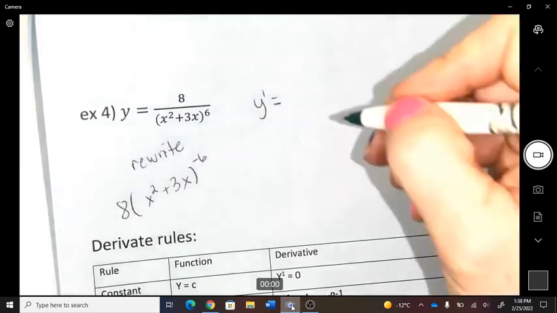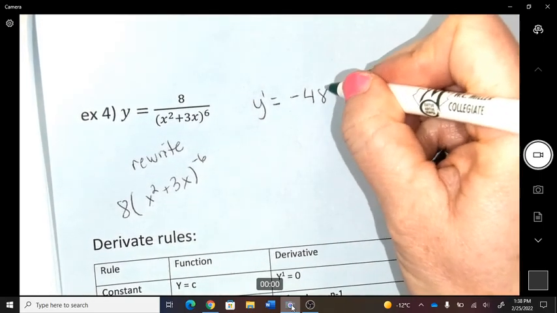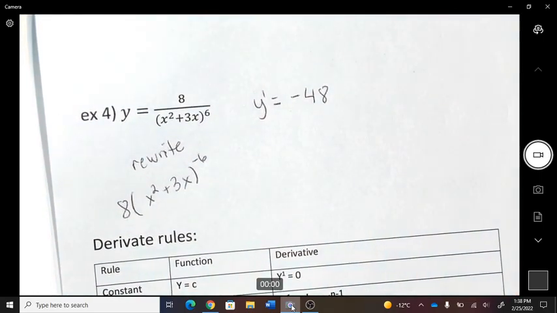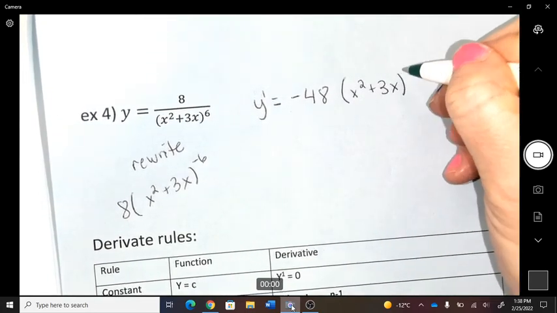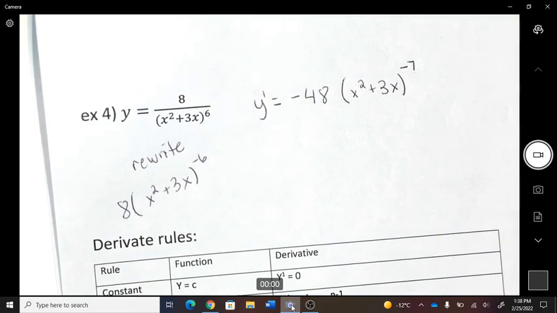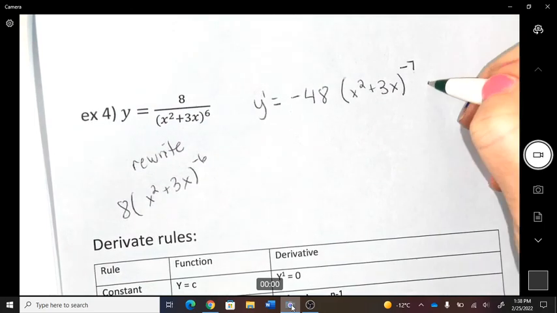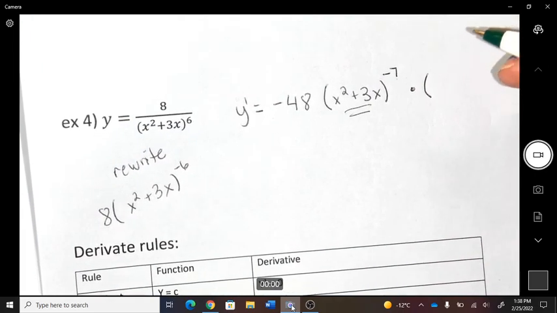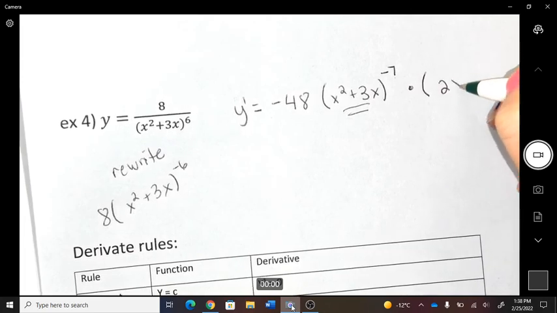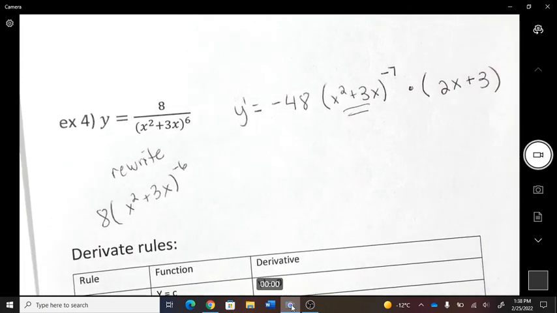Front times top is -48 of those to the -7 times the derivative of that inside stuff. So 2x plus 3. That's it.